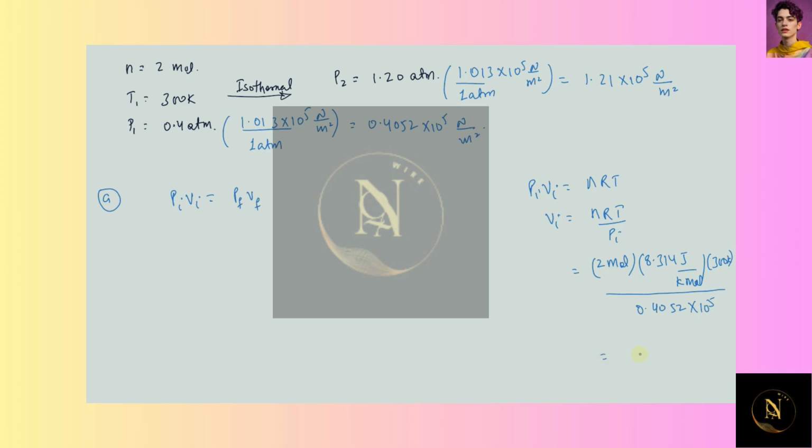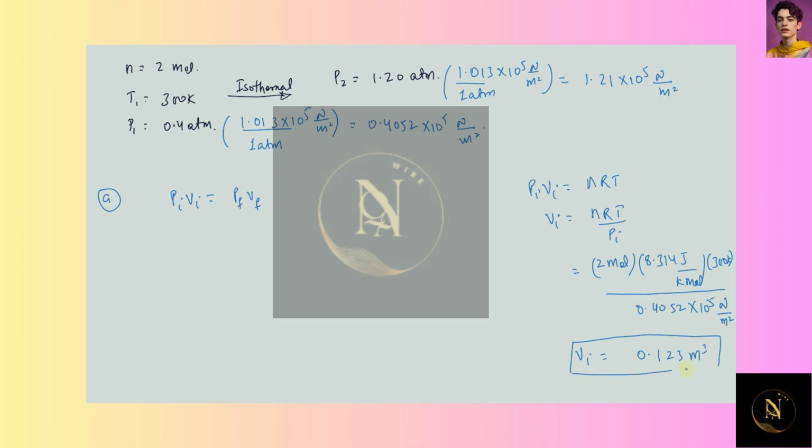From here we'll get the volume as 0.123 meter cube. This is the value of V initial.